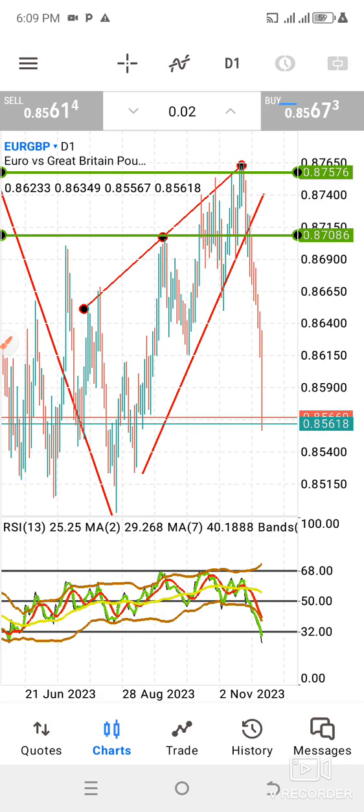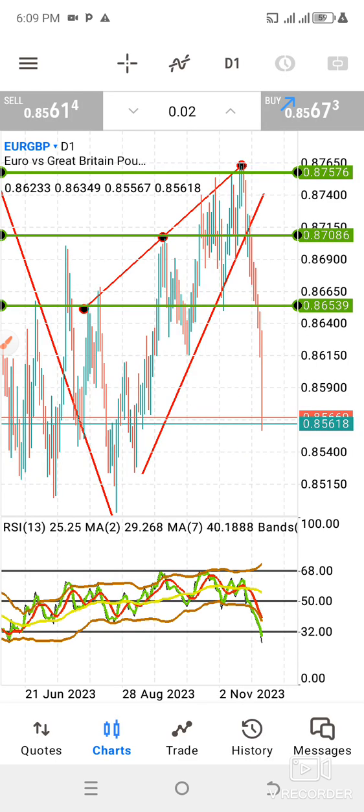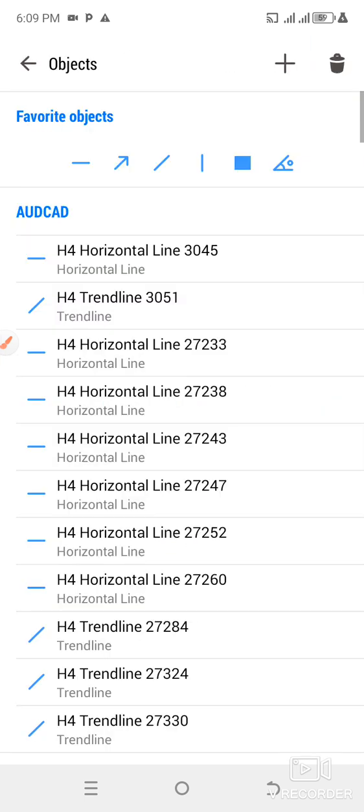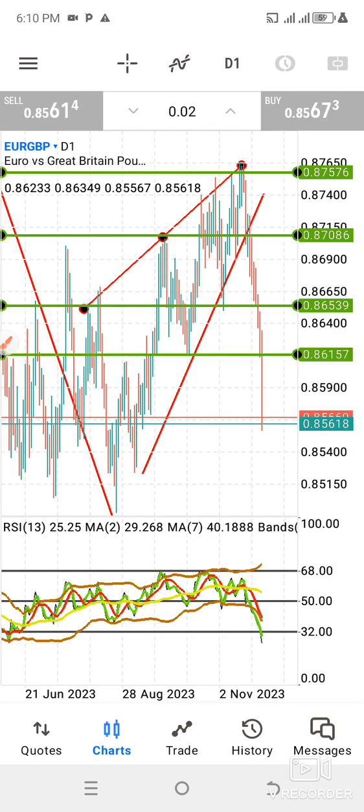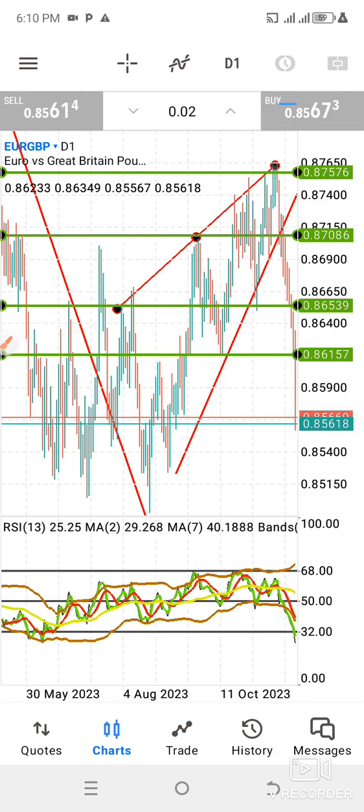So these are the levels we are going to be marking.